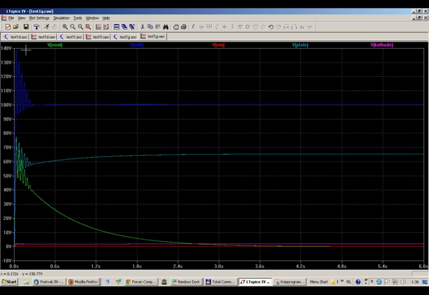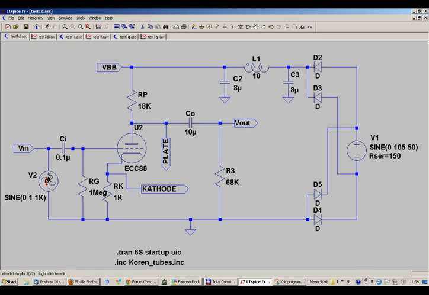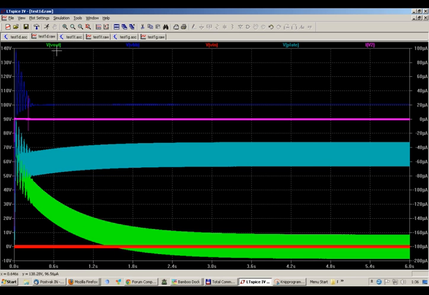If we add here an alternating current at the input of 1 volt, we will see the signal amplified at the output. So this is the 1 volt alternating current, the red one, and the yellow one is the amplified alternating current.